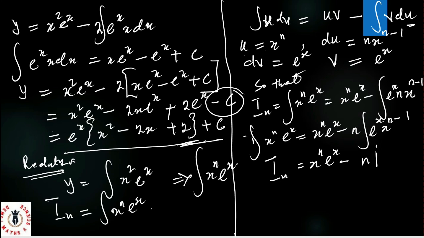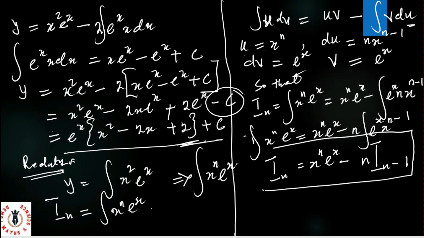I want to replace this with I_{n-1}. Now this is what is called the reduction formula. With this we can continue to reduce it until we get to I naught. With that we'll be able to get the same solution. Now let's apply this to our initial question.